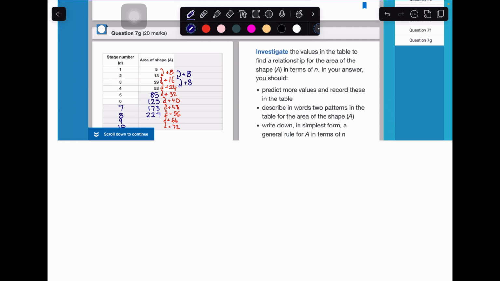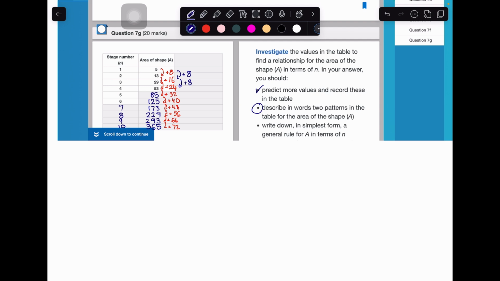And then we have plus 64, so 293. And then plus 72, 365. Okay, so put in more values and record these in the table. That's been done. Okay, next bullet point.